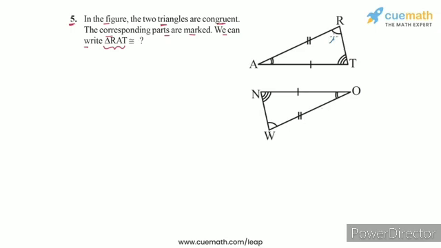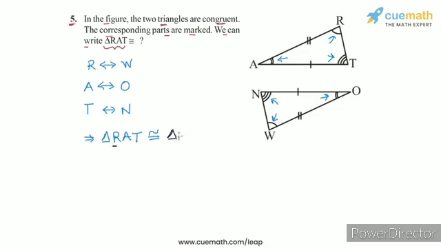So we see that angle R is marked equal to angle W. So we can say that the vertex R corresponds to the vertex W. Then we see that angle A is marked equal to angle O. So we can say that the vertex A corresponds to the vertex O. And then we see that angle T has been marked equal to angle N. So vertex T corresponds to vertex N. Okay, so this means that triangle RAT will be congruent to, R corresponds to W, so we write W first.